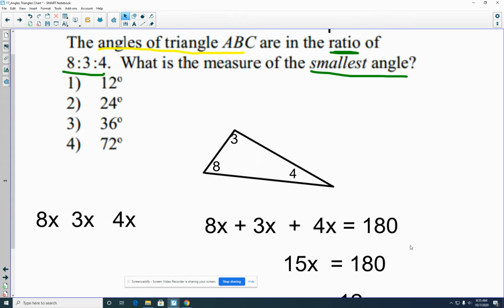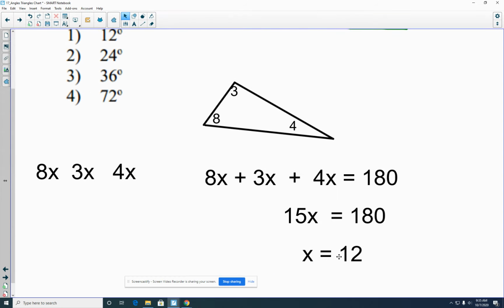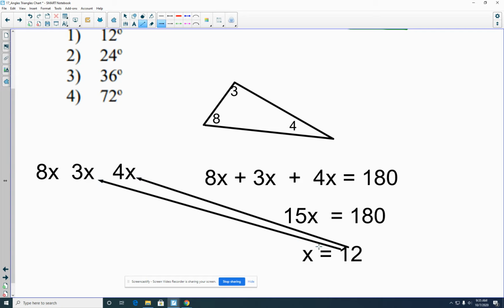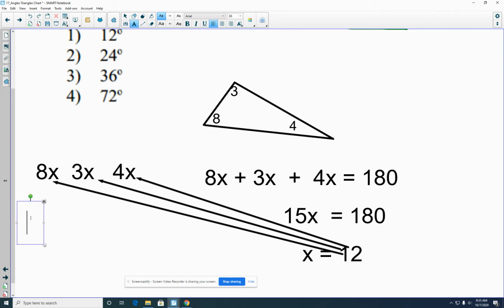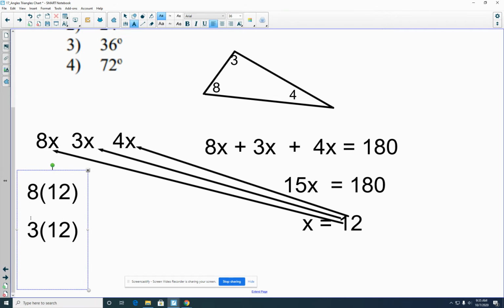So now we have x, but we need to figure out what's the smallest angle. Now that we have x, we can substitute it in for x here, here, and here. So what I really have now is 8 times 12, 3 times 12, 4 times 12.